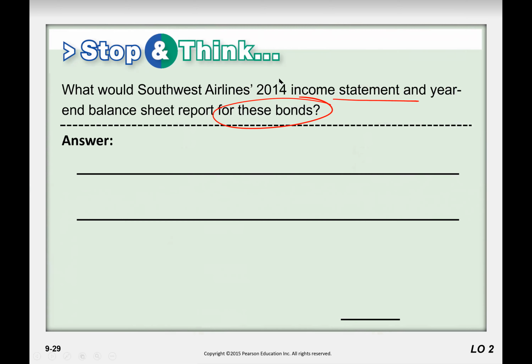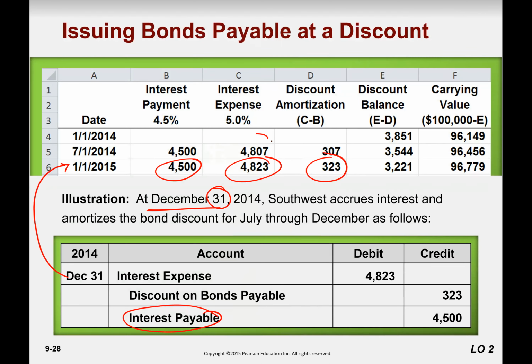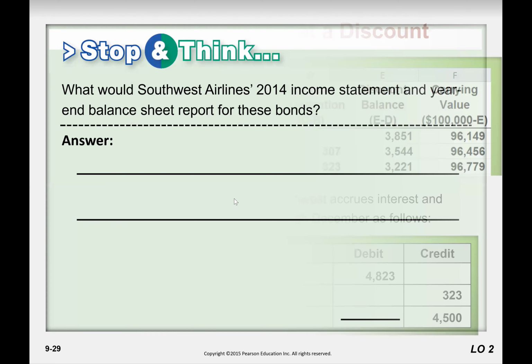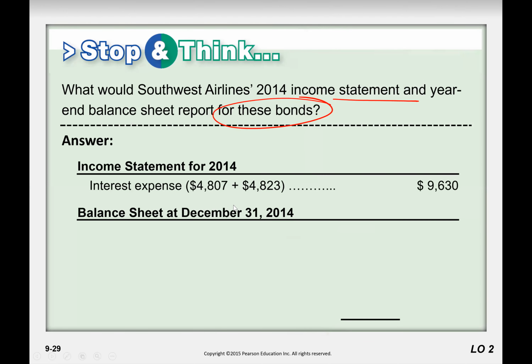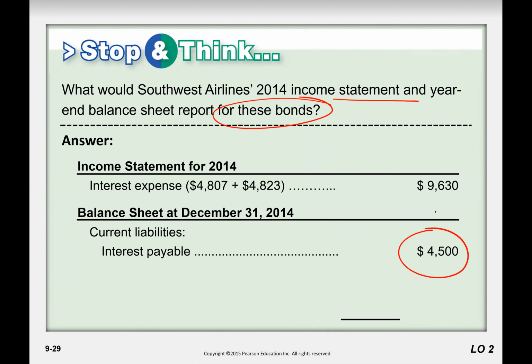So on these bonds, their income statement stated the interest expense 4,807 plus 4,823, and their balance sheet shows the 4,500 as a payable, right? Because we will pay this on 1st of January and the balance sheet is made on 31st of December.